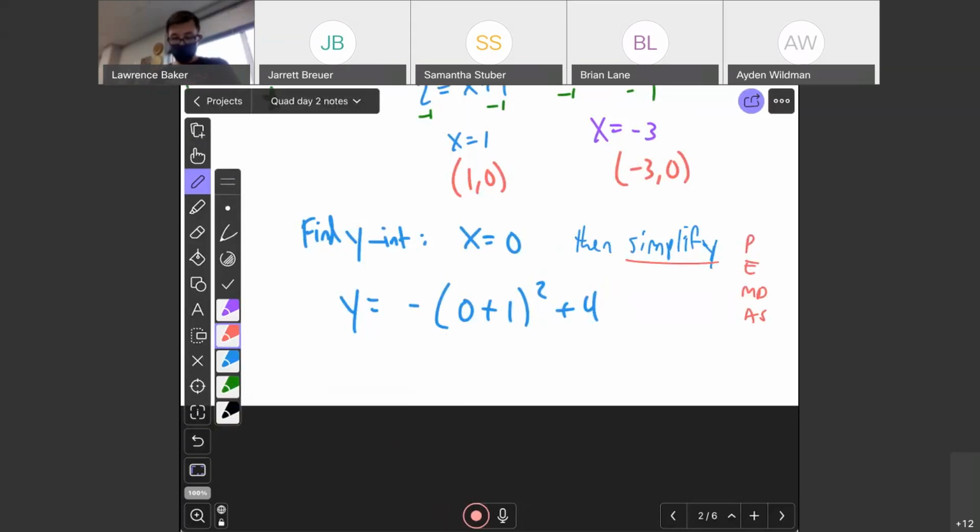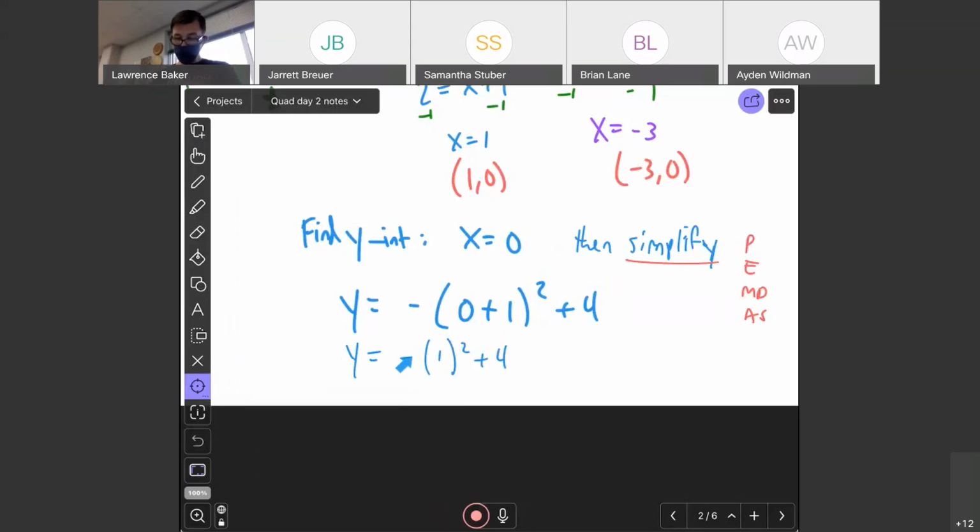So I'm going to start inside of the parentheses. 0 plus 1, of course, is 1. Squared plus 4. And then I get the exponent. So the wrong thing to do here would be to worry about the negative. The negative, remember, that's a multiplication idea. Start here, squared. Of course, 1 squared is 1.